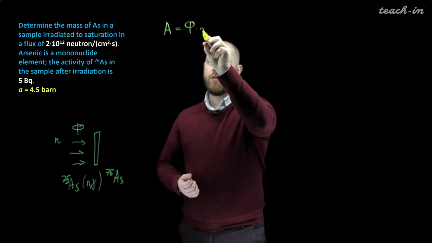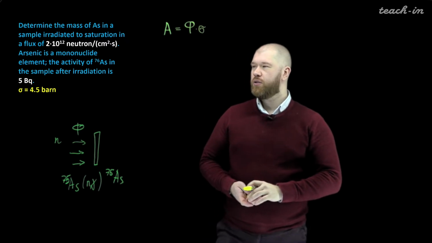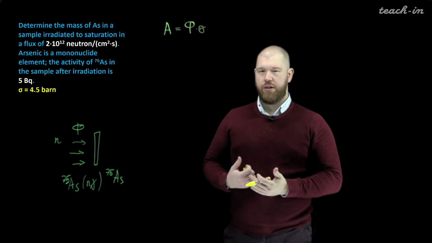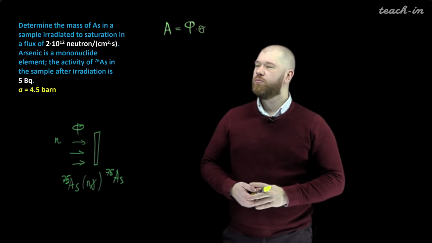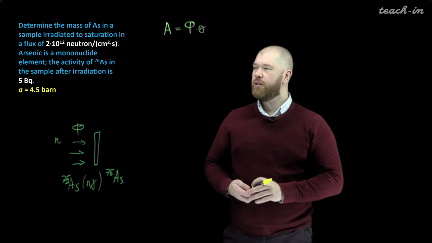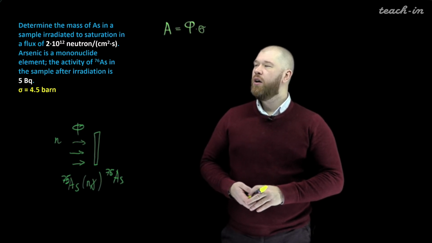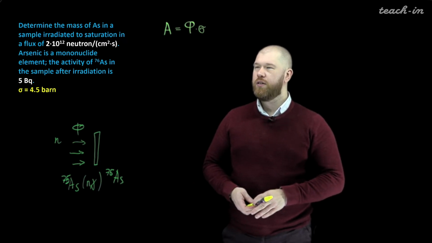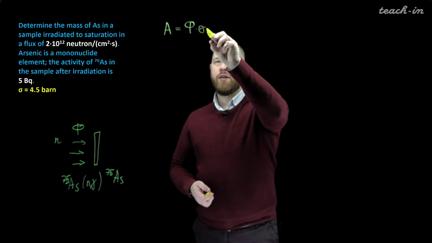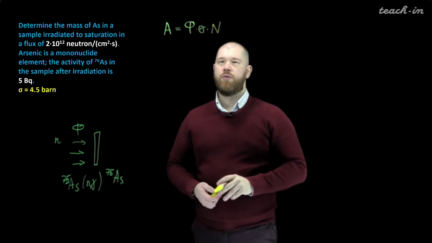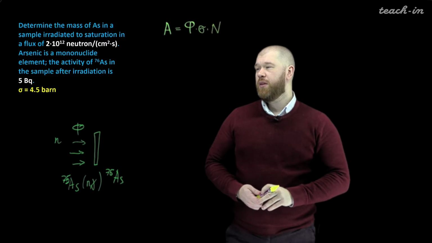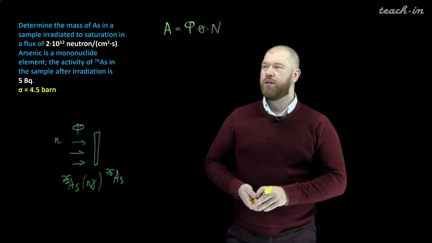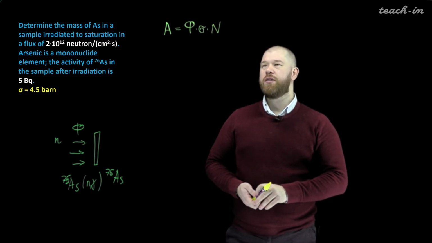Then there is a parameter that is called the cross-section of the nuclear reaction. That is the probability that the nuclear reaction will occur. So the higher the probability, again, the higher the activity that is produced. And of course, the number of atoms that we irradiate. If we have a very small amount of atoms, we will produce very low activity.